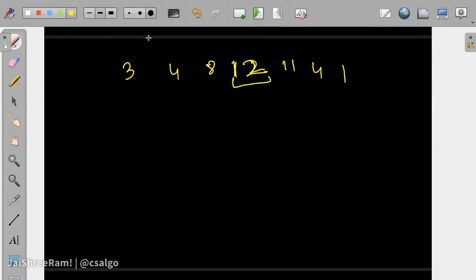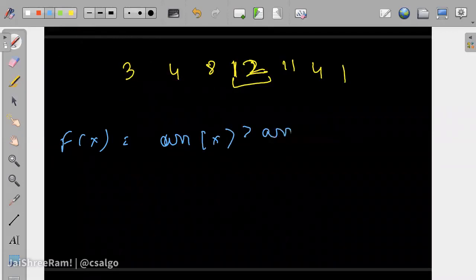So this is the peak element. What we design f of x as is ARR of x greater than ARR of x minus 1. Let's call this greater than only because we know it's strict, so it does not matter actually.